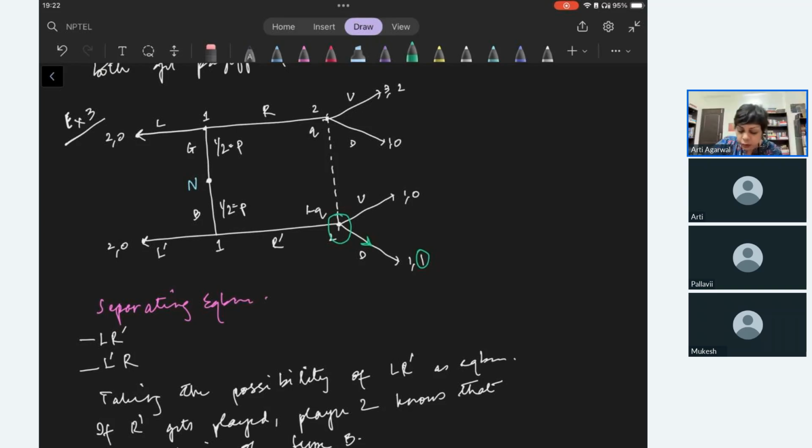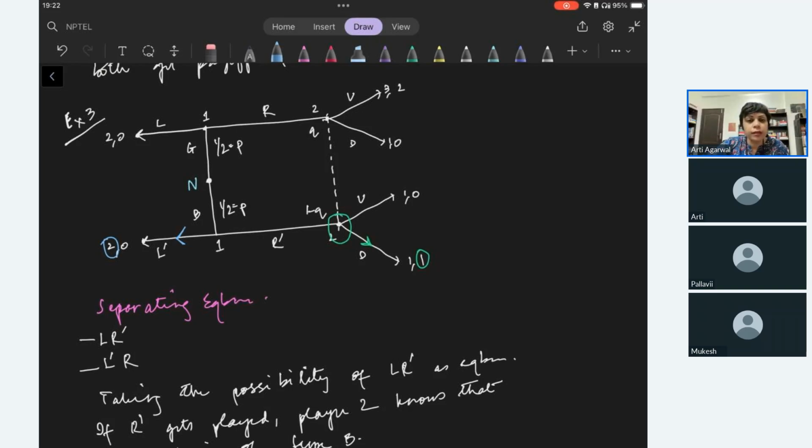Player 1 is getting 1 in this scenario, and if he plays L prime, he's getting 2, right? So 2 is giving him a higher payoff. So he's going to want to play L prime instead of R prime, right? Player 1 is going to want to optimize his benefit, right?